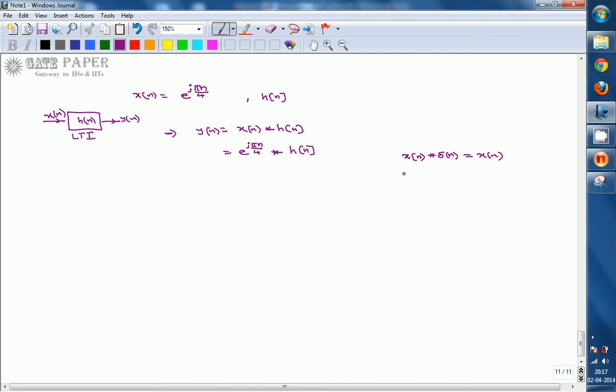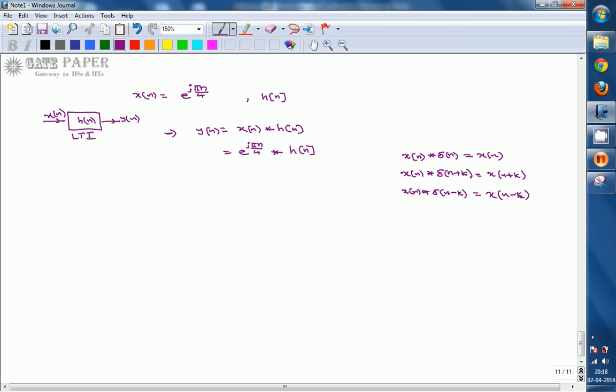Likewise, x of n convolved with the shifted impulse del of n plus k becomes x of n plus k. If it is x of n convolved with del of n minus k, it becomes x of n minus k.